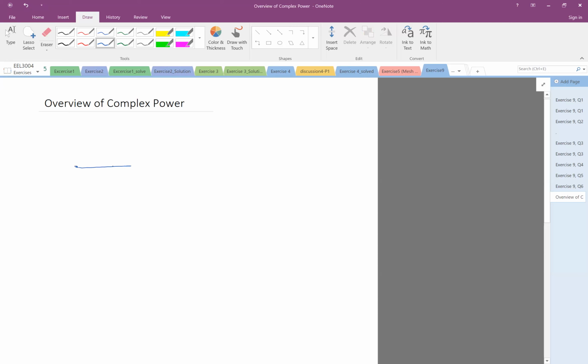One side of that is P, the average power, and the unit for that is watt. Another side is Q, which is reactive power, and the unit for that is var.